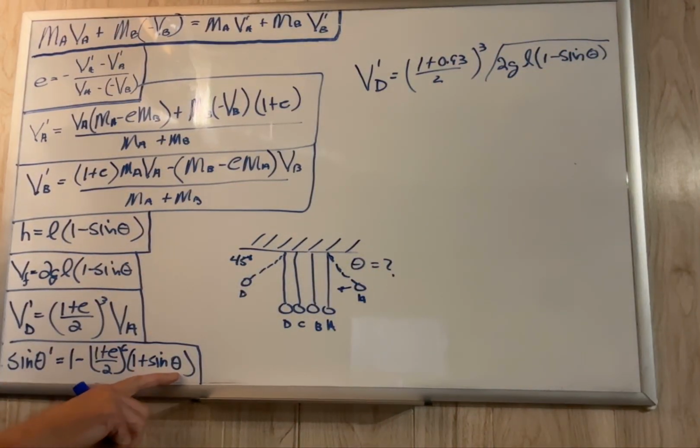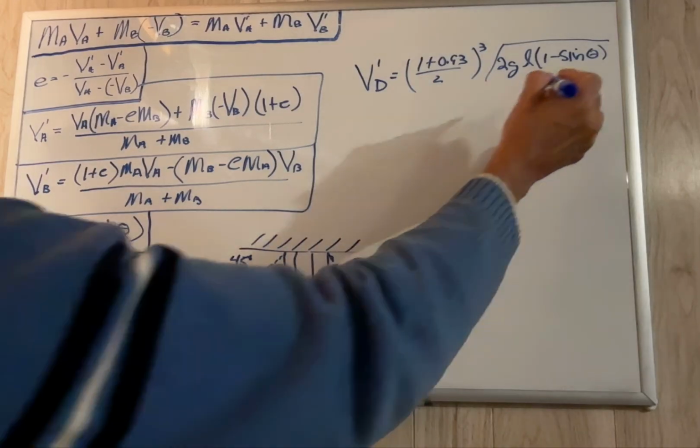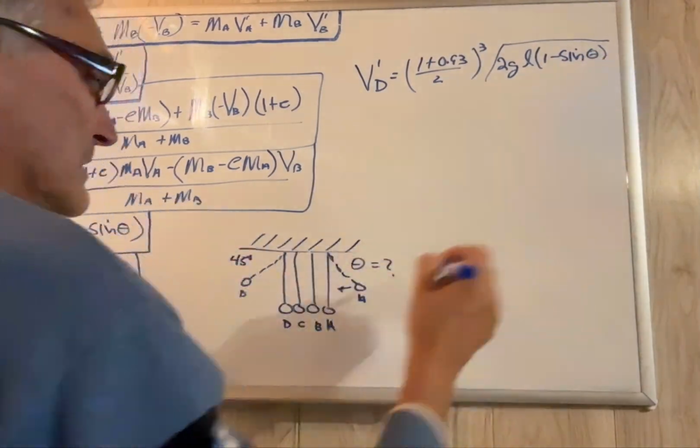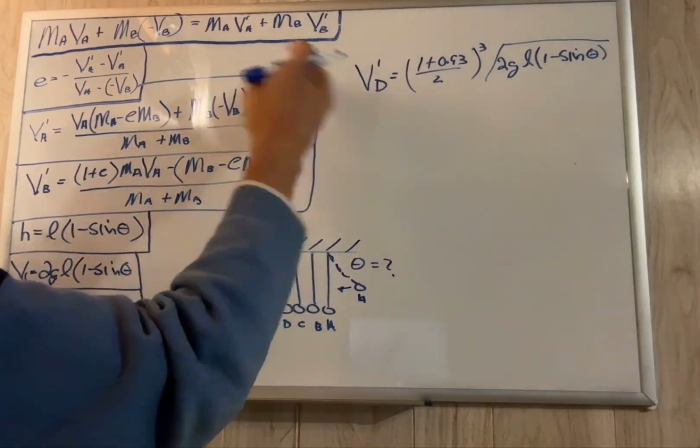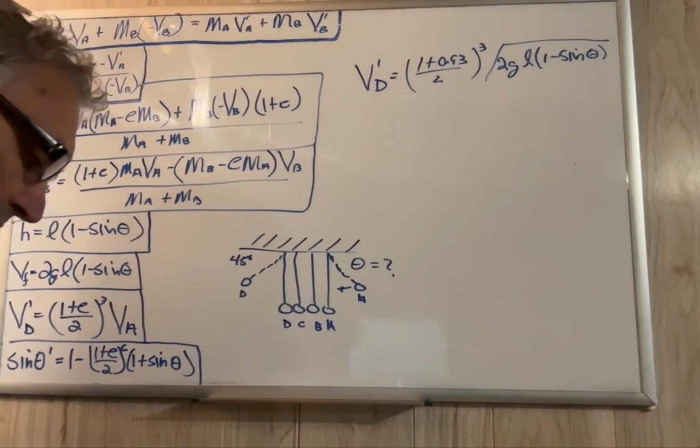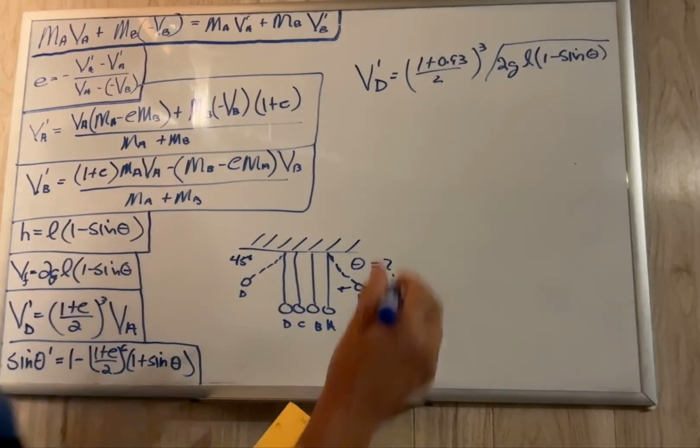So if we know this sine, and we know this sine to be 45, we can figure out this sine. So let's do that. We don't know what this is yet. We don't know what we're looking for, but this will give us our velocity D. I know it's 10% less than our velocity A. So let's do it.